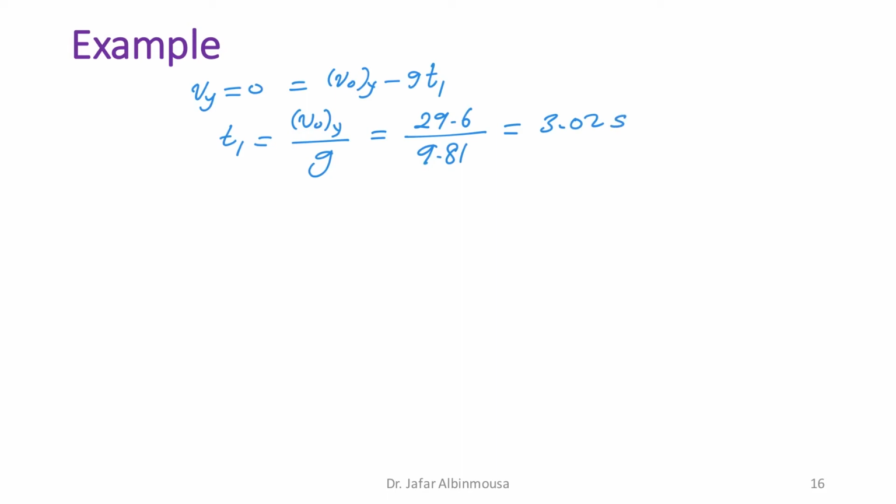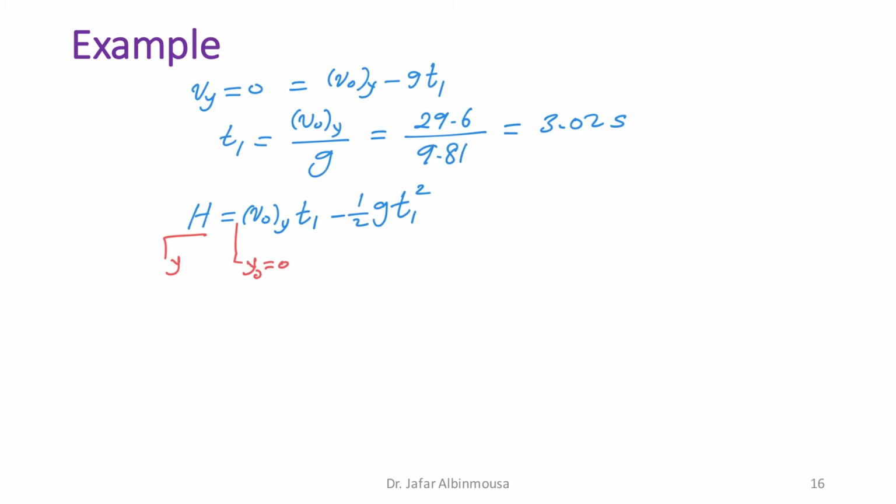Now, to find the maximum height, we have h, which is equal to V0y multiplied by t1 minus half gt1 squared. Now, just focus with me. Here, the height is actually y, and there we have y0, which is equal to 0.